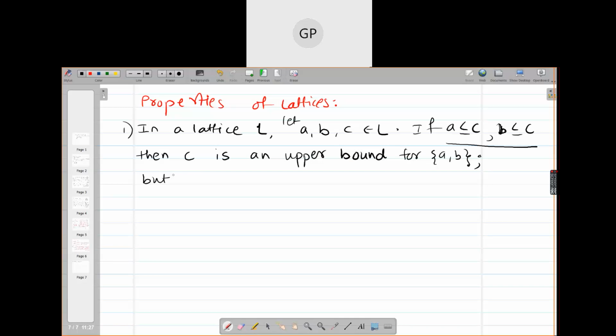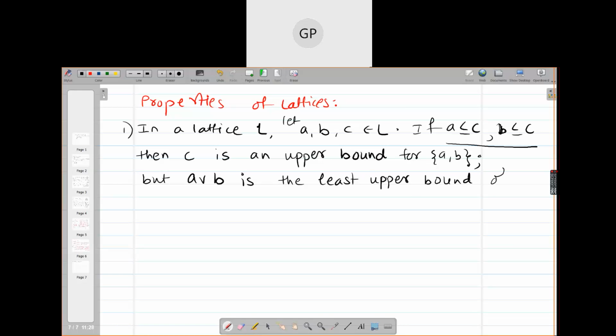But what is A join B? What do we call A join B? It is the least upper bound, no?